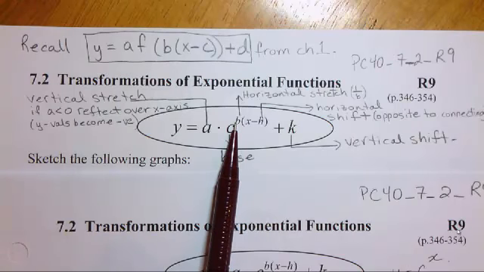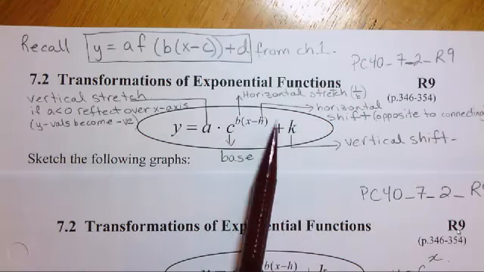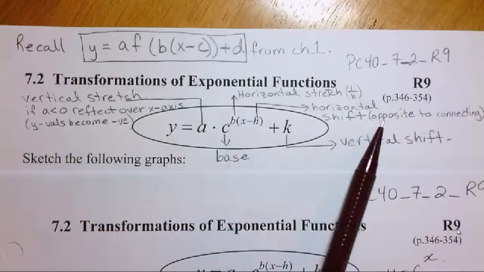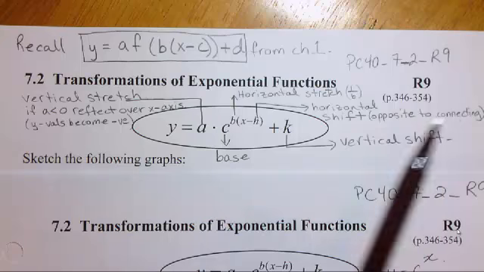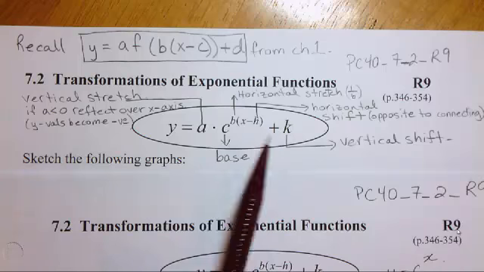Now, same rules apply as the reciprocal thing, remember? The 1 over factor. And h here is our horizontal shift. And the horizontal shift was always opposite to the connecting sign. Our k is our vertical shift. So this tells us how many units up or down we're moving.